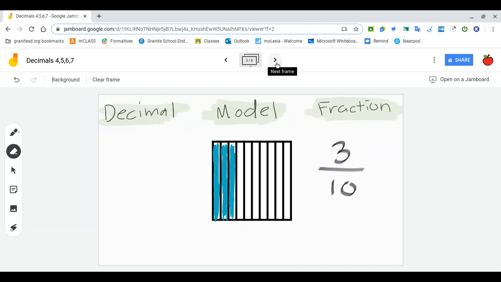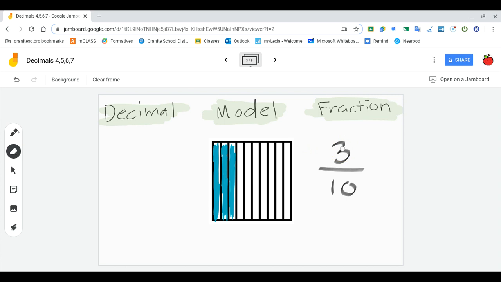All right. On these examples, there are 3 sections: decimal, model, and fraction. They're all equivalents of the same number, but we have a fraction version, the model version, and then we're going to make the decimal version together. So looking at the model, I have 10 equal pieces. That gives me my denominator here of 10. 3 of those pieces are shaded, which gives me my numerator of 3.